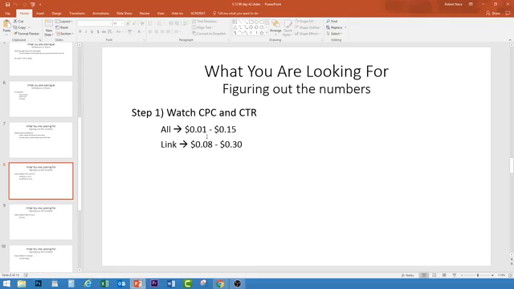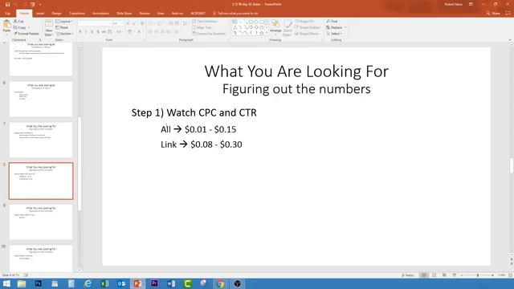When you look in your reporting, you may have 5 clicks, and those clicks cost you 10 cents apiece, right? You spent 50 cents and you got 5 clicks at 10 cents apiece. So you have a cost associated with your click.